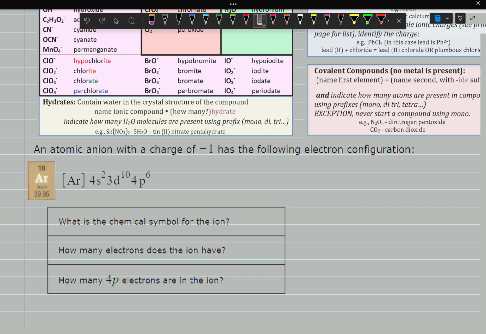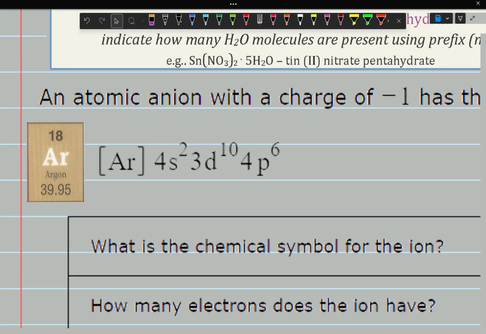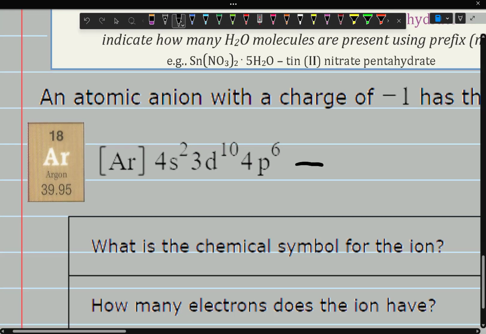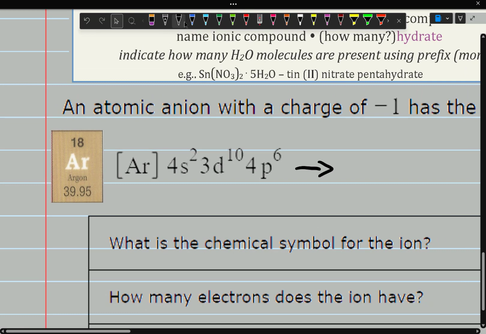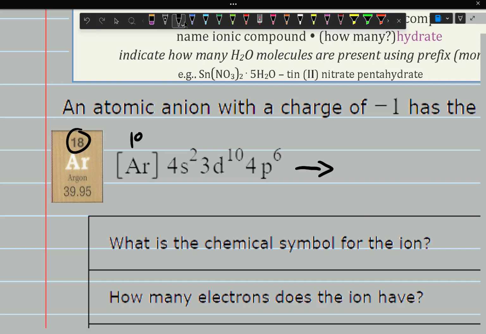So for now, let's just treat this as if it were a neutral atom and see how many electrons we have. So argon has an atomic number of 18, so this is 18 electrons. We're told we have 2 electrons in the 4s orbital. We have 10 electrons in the 3d orbital, and we have 6 electrons in the 4p orbital.